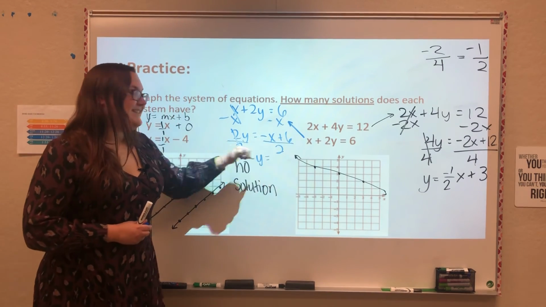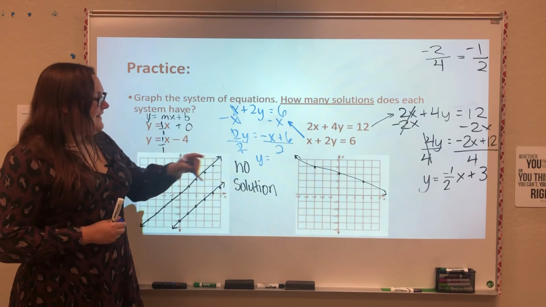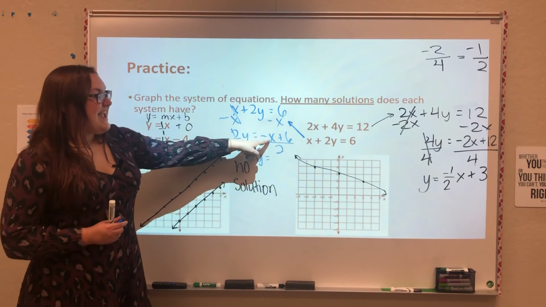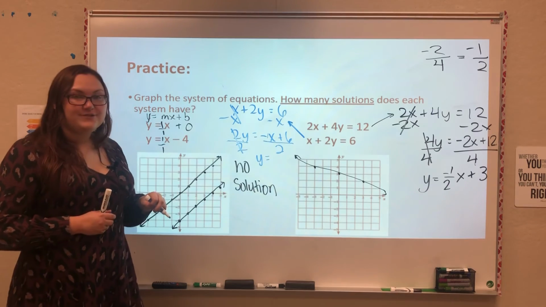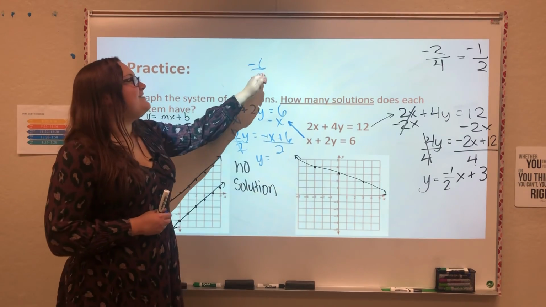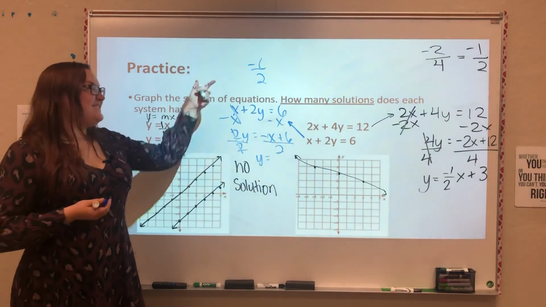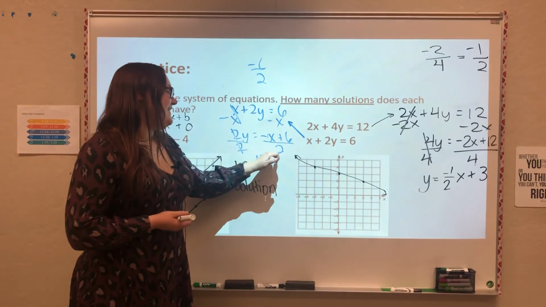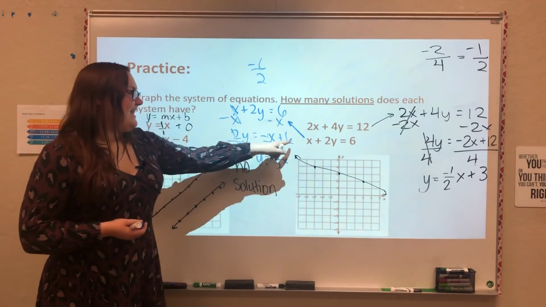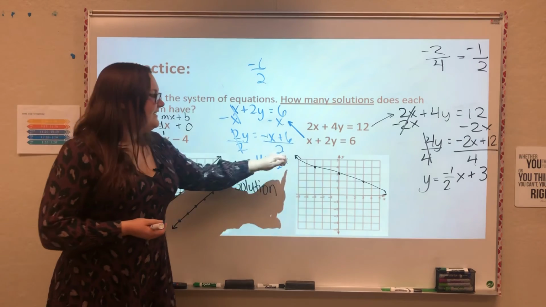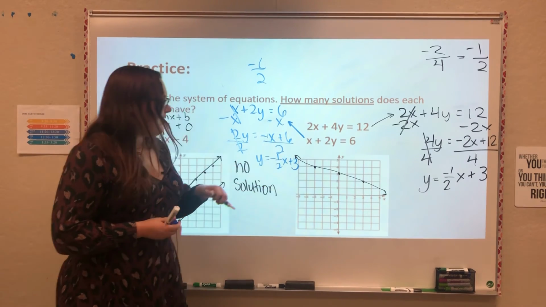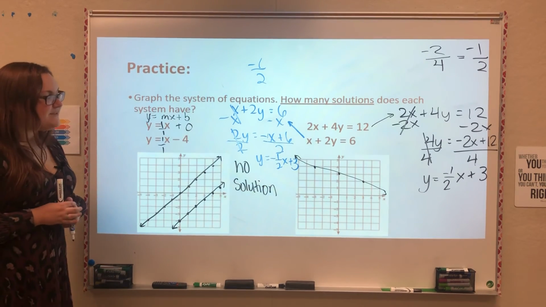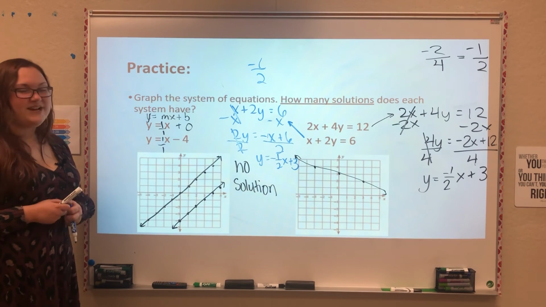And we get y equals, this is similar to what happened before, negative, that's -1 over 2. Be careful. You cannot divide 1 by 2. That's a fraction. It's -1/2. So I get -1/2 x. And then 6 divided by 2 gives me a 3. So I've got y equals -1/2 x plus 3.